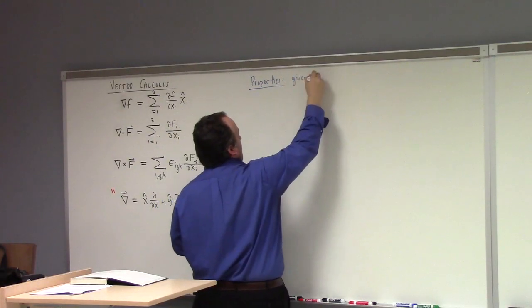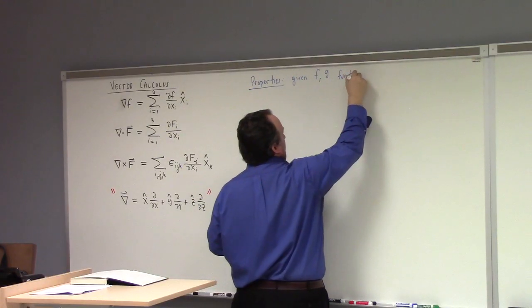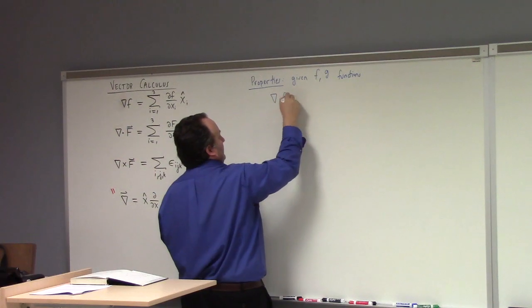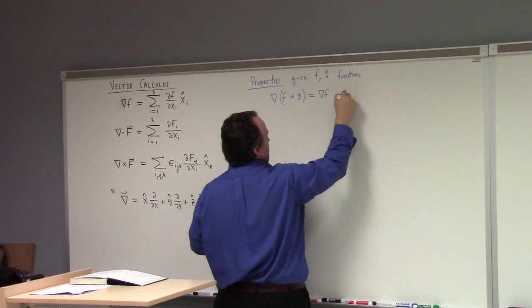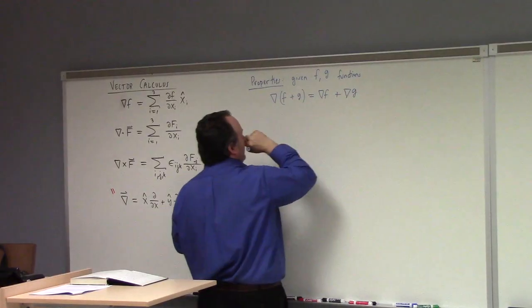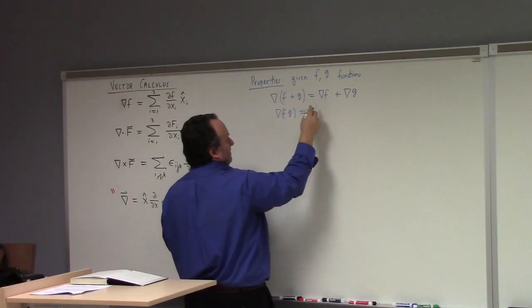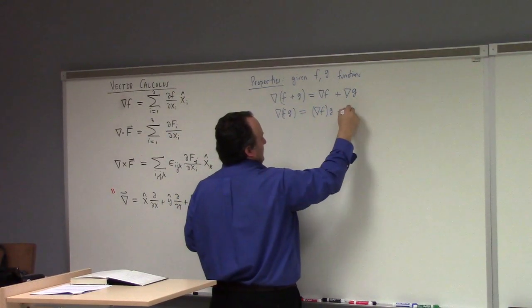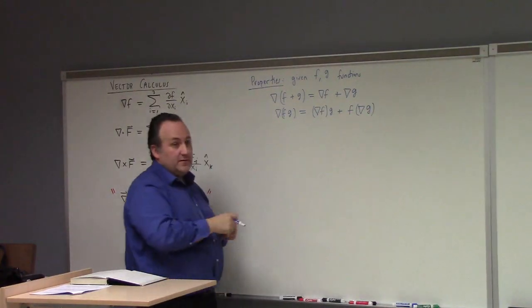Given f and g functions, we know that the gradient of f plus g is gradient f plus gradient g, right? We worked this out before. We know that the gradient of a product of two functions is what? The gradient of the first times the second plus the first times the gradient of the second, right? That was another property we had for gradients.